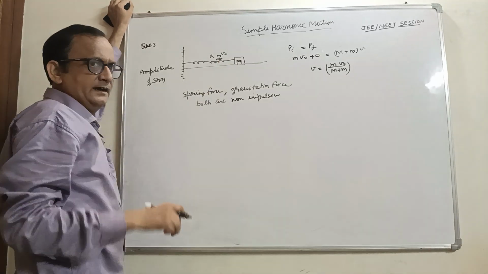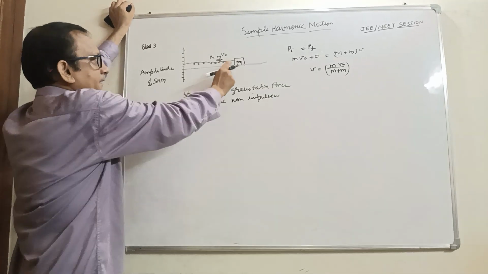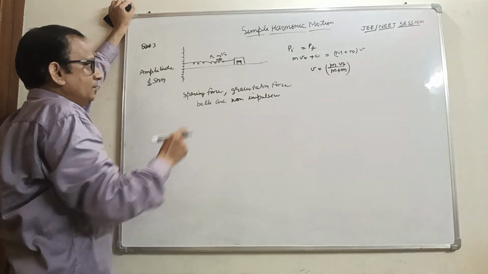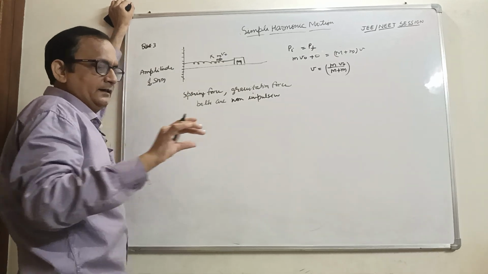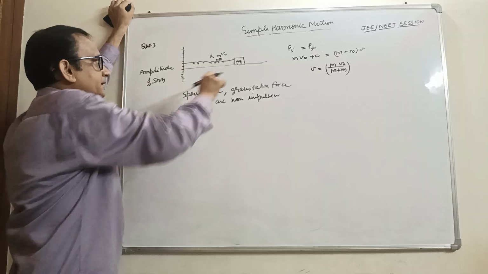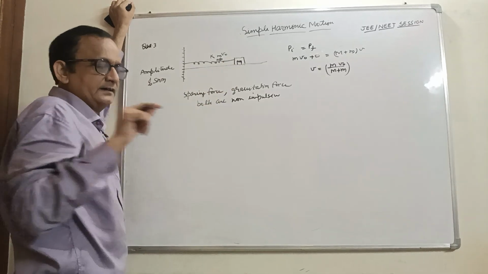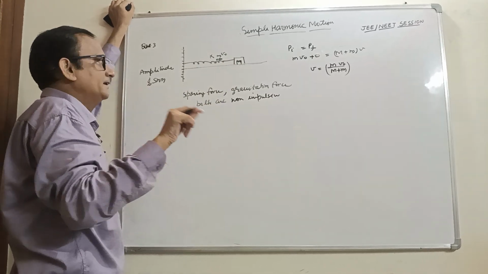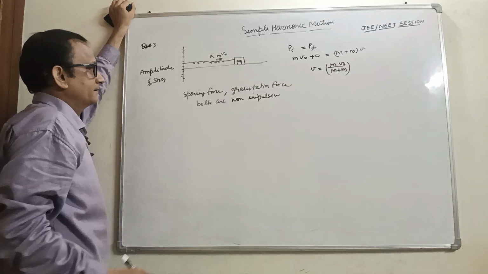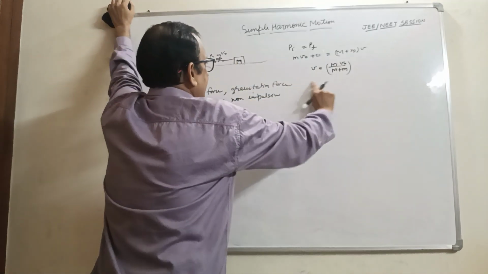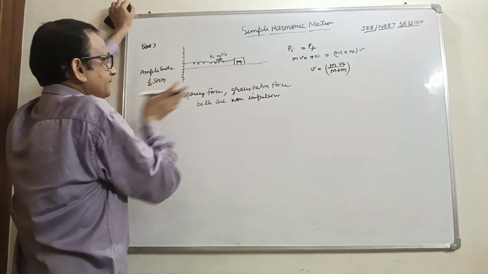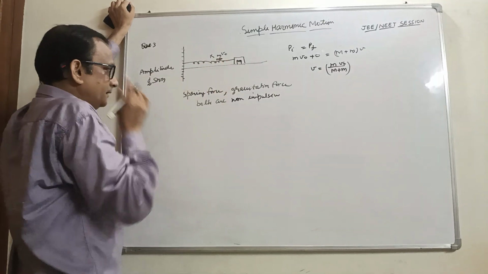This is an inelastic collision. The bullet strikes the mass and is embedded inside the mass, so we find the combined velocity for both.